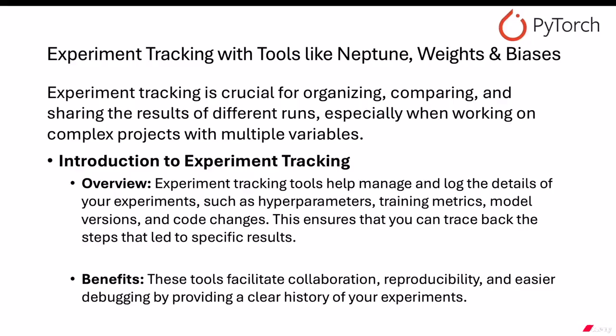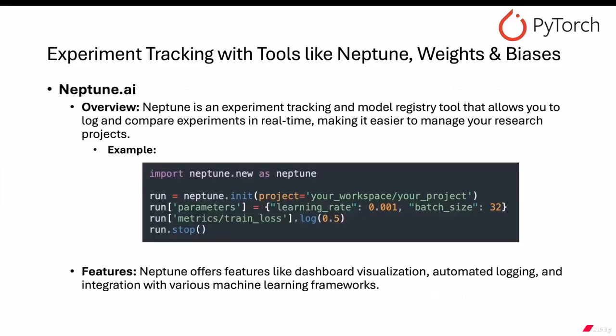Experiment tracking tools help manage and log the details of your experiments, such as hyperparameters, training metrics, model versions, and code changes. This ensures that you can trace back the steps that led to specific results. Benefits. These tools facilitate collaboration, reproducibility, and easier debugging by providing a clear history of your experiments.